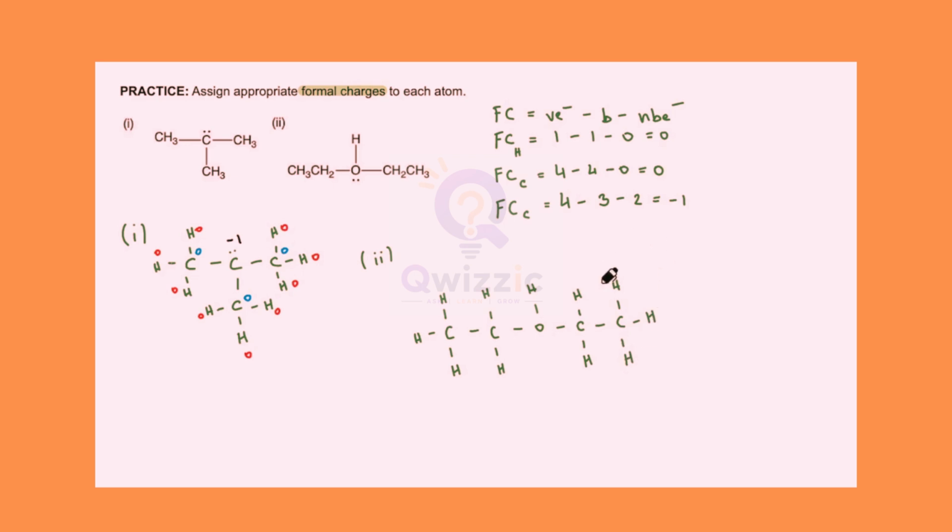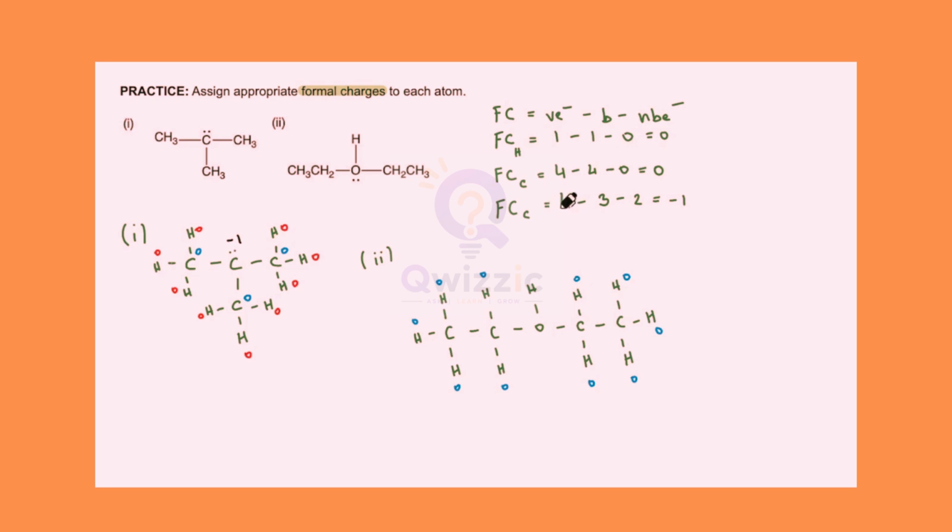What we can immediately tell is that the formal charge of each hydrogen would be 0 because each hydrogen has 1 bond, right? And no lone pair electrons. So we can essentially assign zeros to each hydrogen atom. What about carbons?